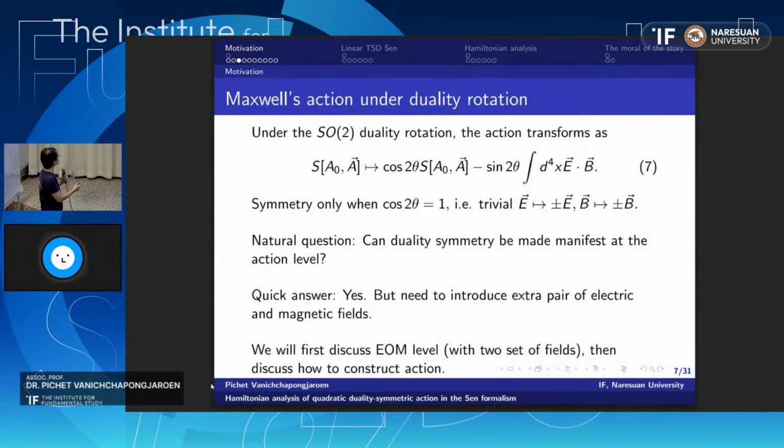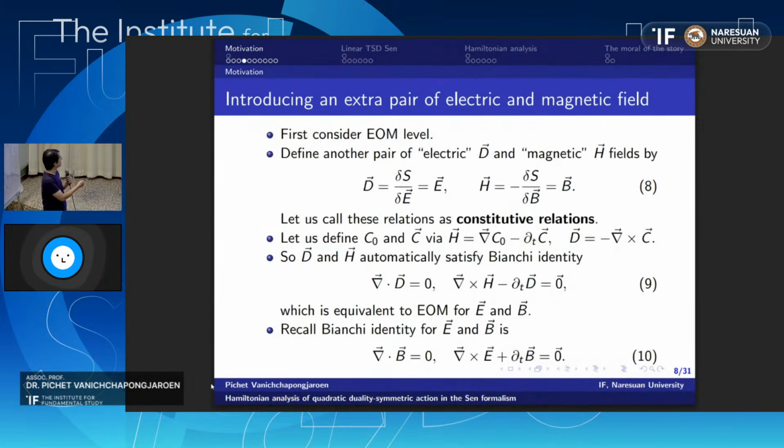The main idea is to introduce an extra pair of electric and magnetic fields. We will first discuss at the equation of motion level how to do it. We define the other pair of electric and magnetic fields, D and H, in this way.